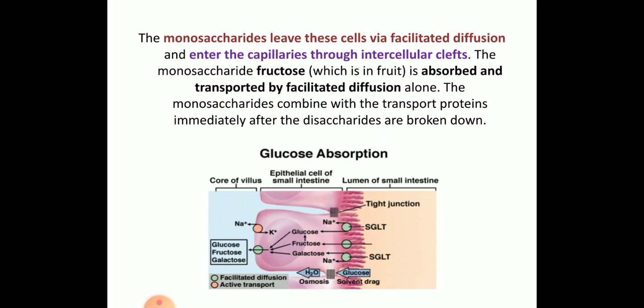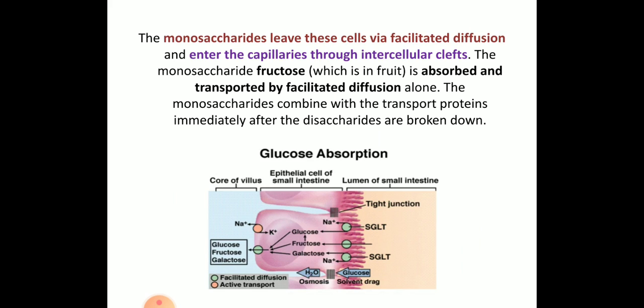Now the carrier protein moves towards the cytoplasm, with sodium and glucose facing the cytoplasm. Now glucose and sodium are released. Once they are released, glucose moves along the cytoplasm and diffuses into the blood.